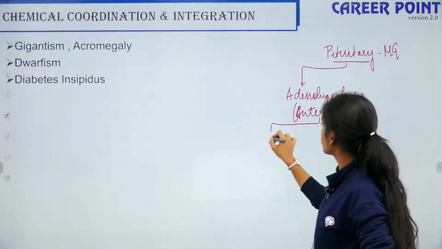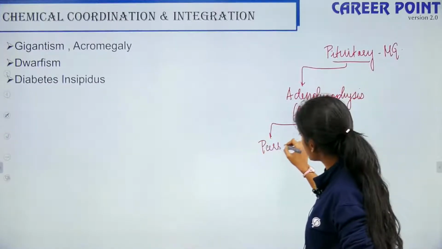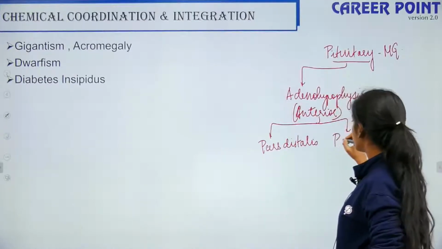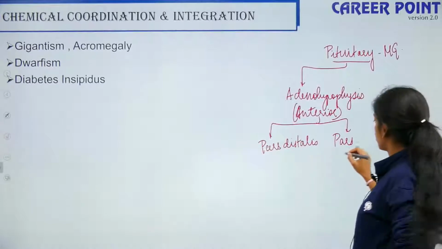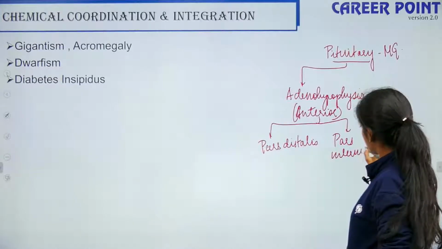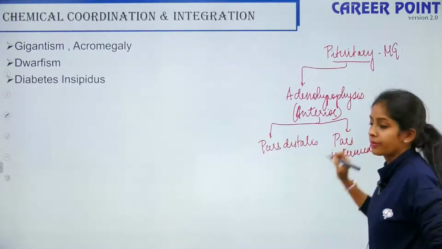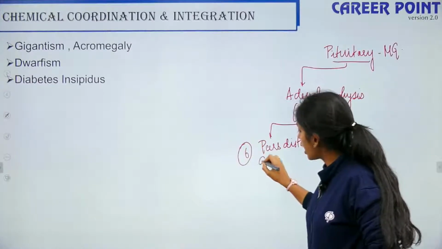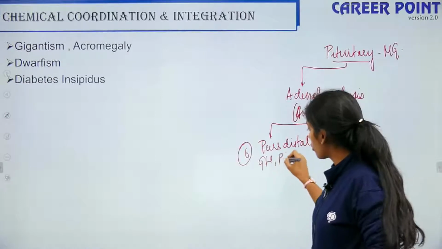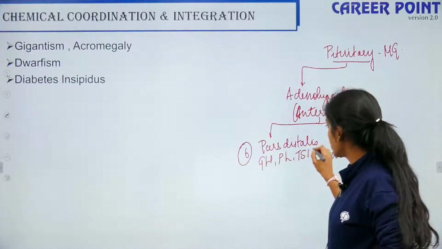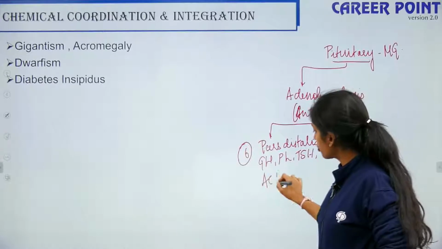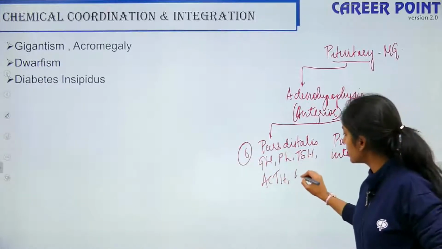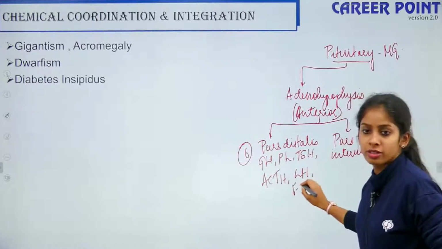This has two portions, that is pars distalis and pars intermedia. Pars distalis produces 6 hormones, starting off with your growth hormone, prolactin, then your thyroid stimulating hormone, adrenocorticotropic hormone, and 2 of the gonadotropins. The gonadotropins are LH and FSH.